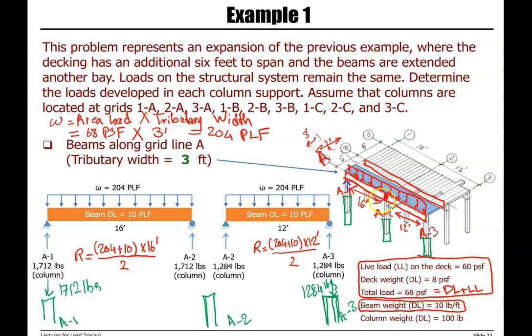We have a reaction on the left side and then another reaction on the right side. So we need to add these two together to calculate the total load transferred to column A2.